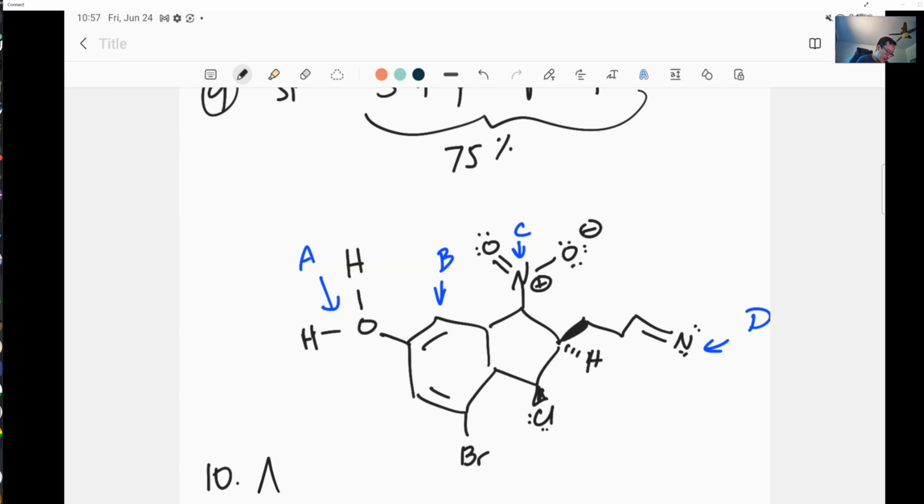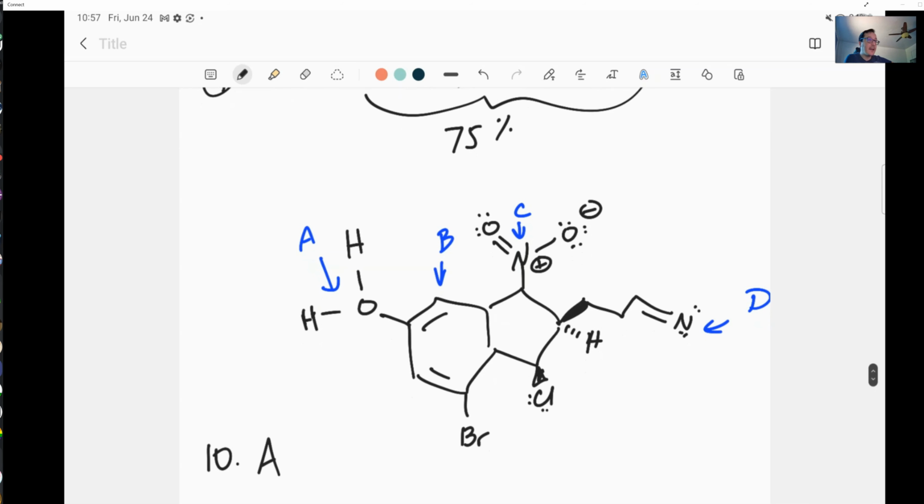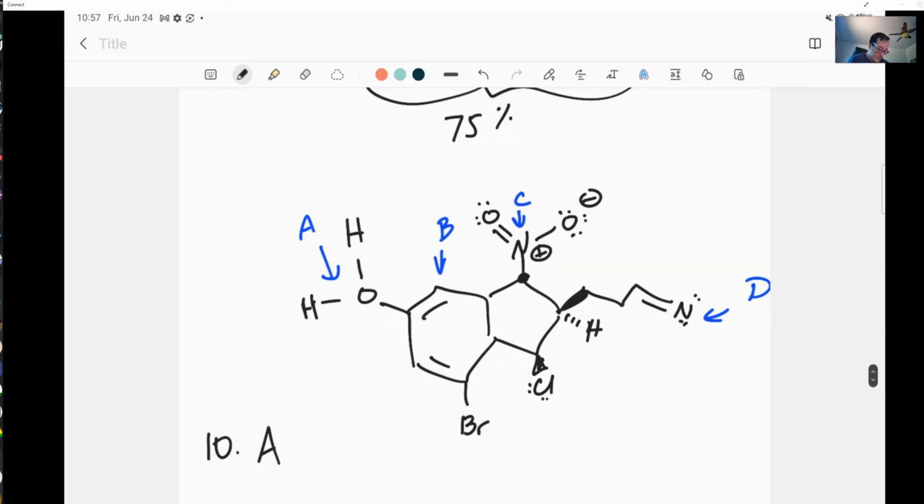It has to start with A, right? How many outer atoms are on this nitrogen? Two. What about this one? So, what is it now? 3. Yes. So sp2.